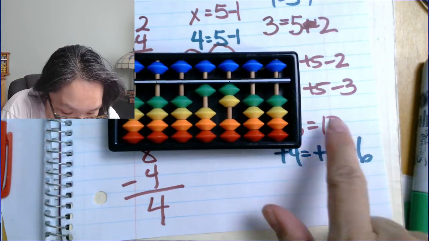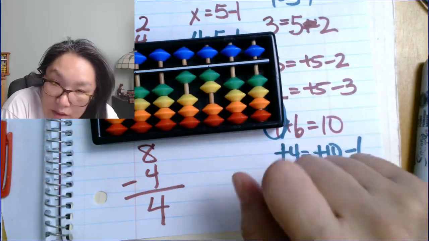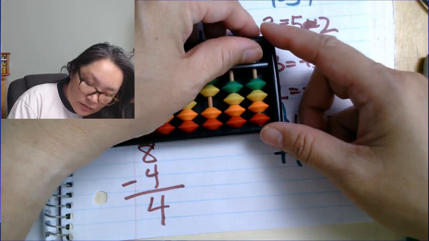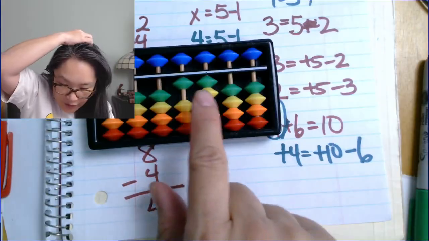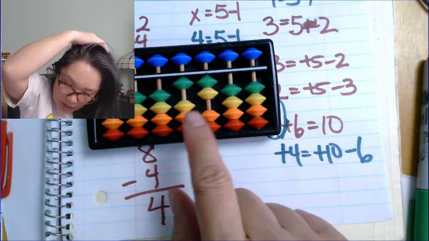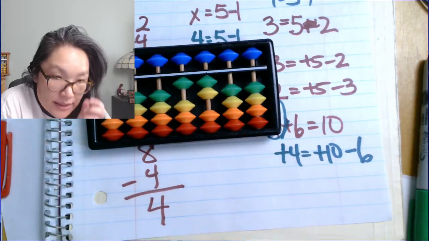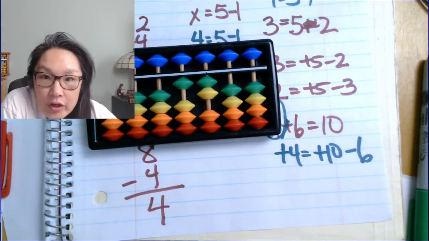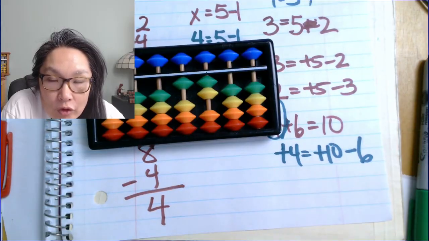But yeah, it goes back to these are the formulas we need to know. And if you can visualize where the numbers are, how to read the abacus, then it's easy to figure out which formulas to use.